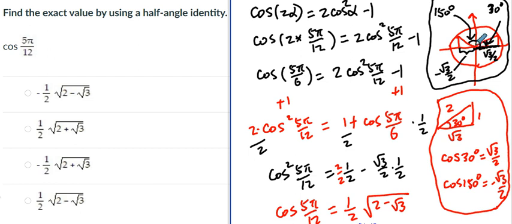So cosine 150 degrees is negative radical 3 over 2, because this angle is 150, which gives us this angle is 30. Okay, that's more if we are interested.